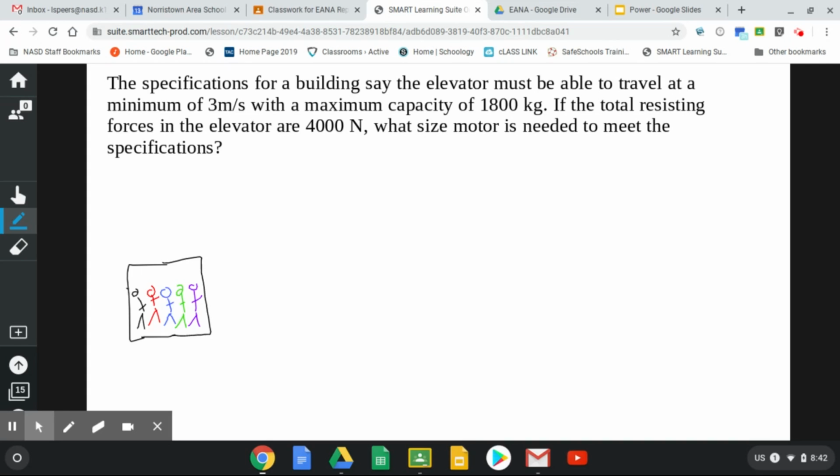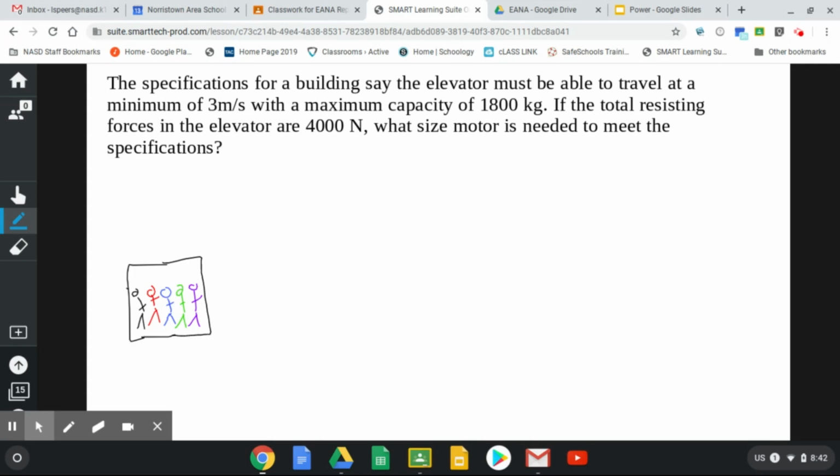That's passengers and the mass of the elevator. If the total resisting forces in the elevator, friction and other forces, is 4,000 newtons, what size motor is needed to meet these specifications? Again, you might want to pause here and take a minute to get this information written down.